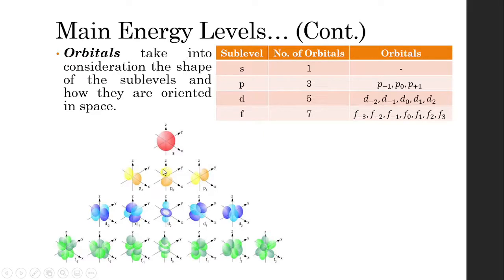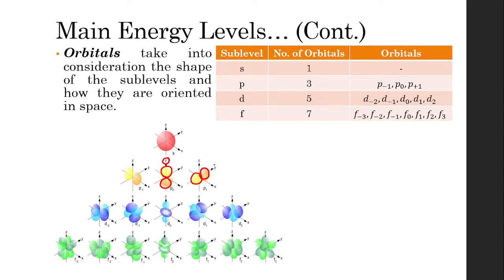So if we take the original drawing that I had earlier, where you have your two lobes, remember this is our p, and as you can see, this is going in the z direction. But I can actually rotate this and make it so that it is along the y direction.